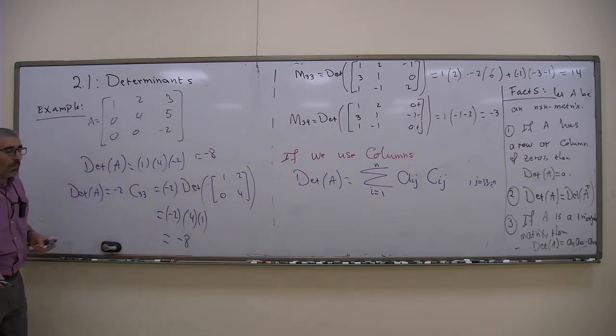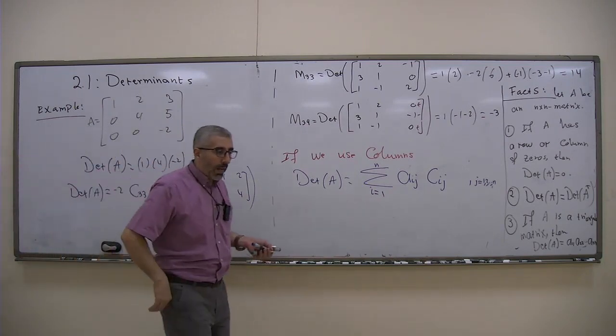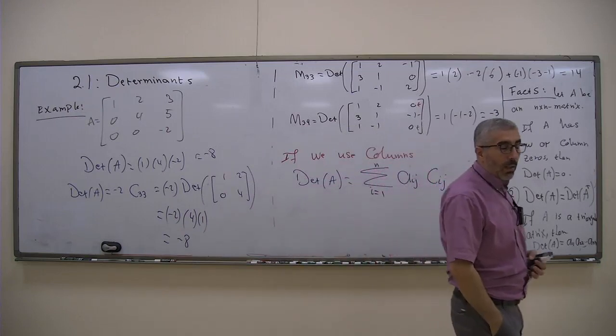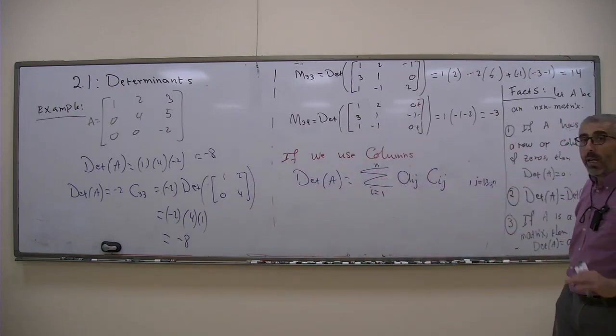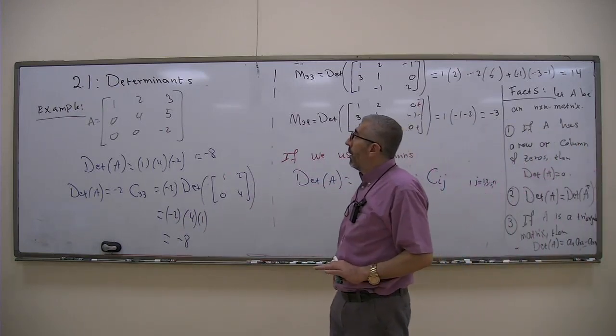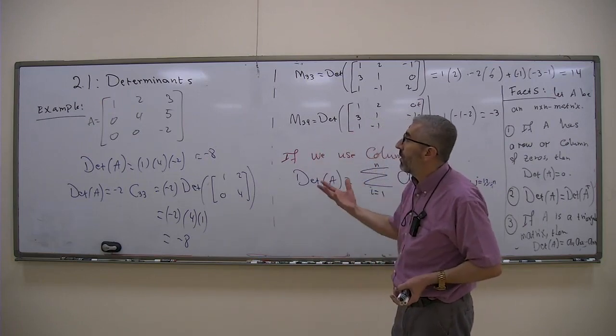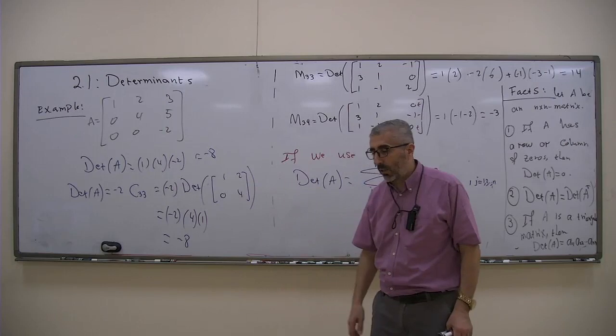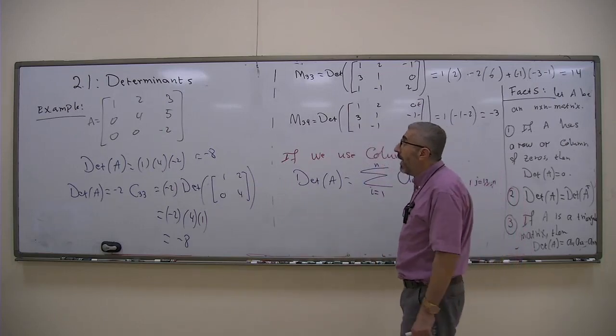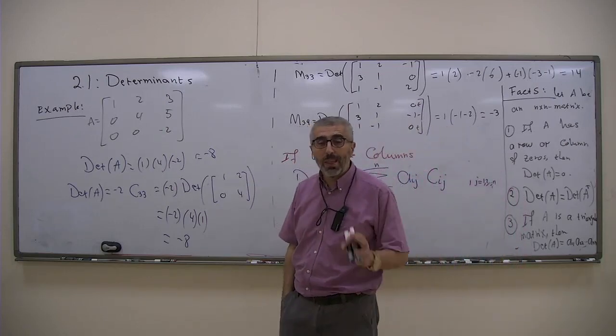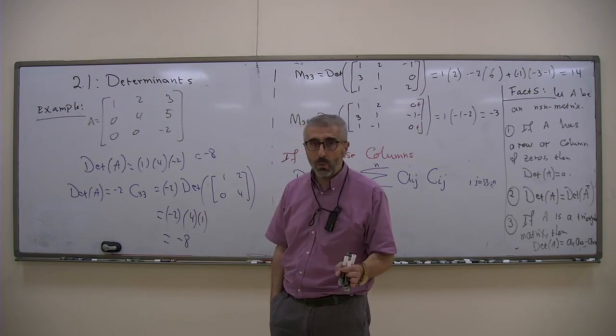So if your matrix is a triangular matrix, right away the determinant is the product of the elements along the diagonal. Of course, if it is diagonal, that is going to be very easy because it is triangular and it's still the product of the elements along the diagonal. You can see here the determinant of the identity matrix is 1.